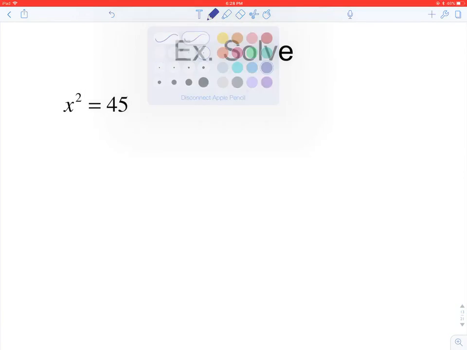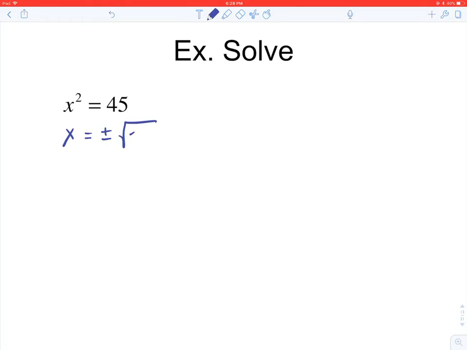Okay, let's switch colors again. We'll go dark blue. Okay, so x squared is by itself on the left-hand side of the equation. So if we take the square root of each side, we'll get x equals plus or minus the square root of 45. And we think to ourselves, does 45 have any perfect square factors? And it does. I'm going to write out this extra step here, but you guys can maybe just go directly to simplifying the square root of 45.